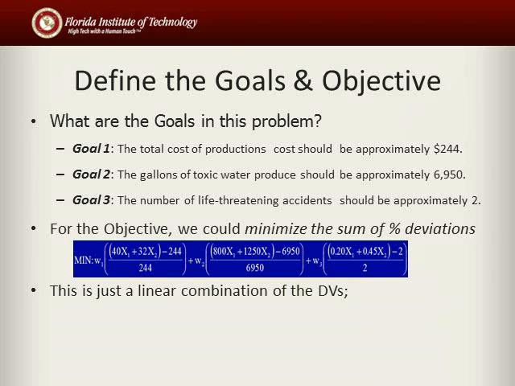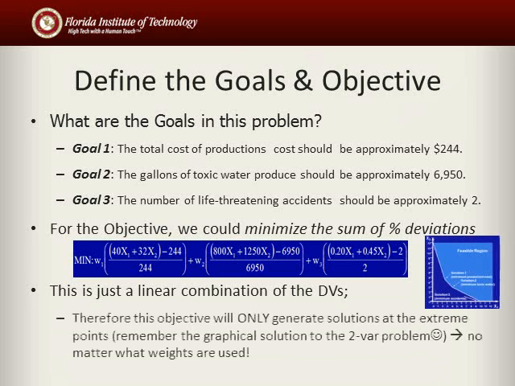This is basically a linear combination of the decision variables. Therefore, for this objective, if you remember the graphical solution to the 2-variable problem, the optimal solution is always going to be an extreme point.